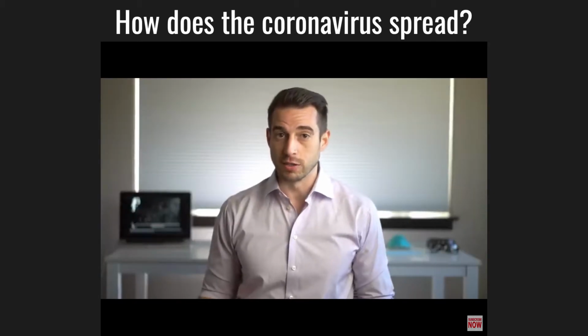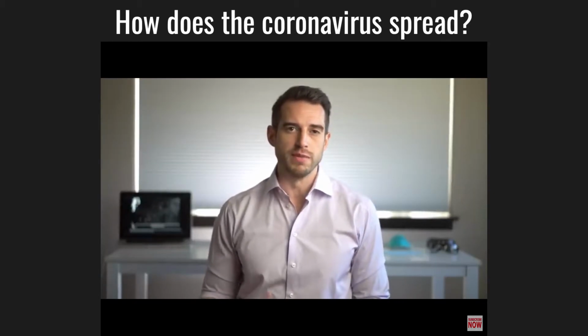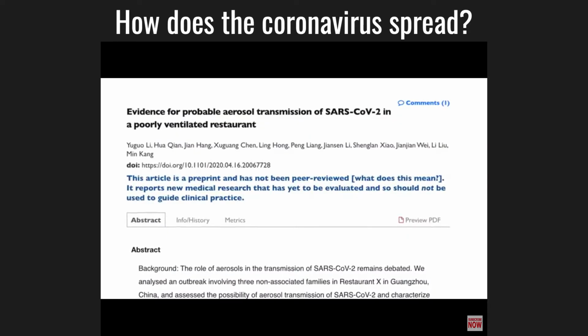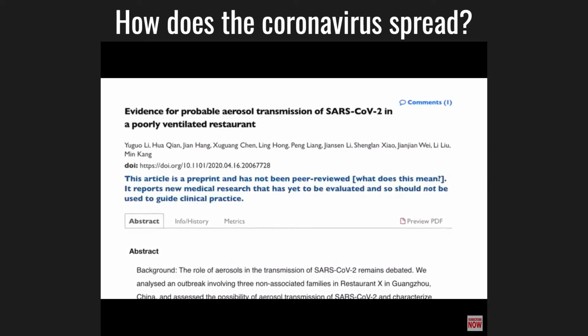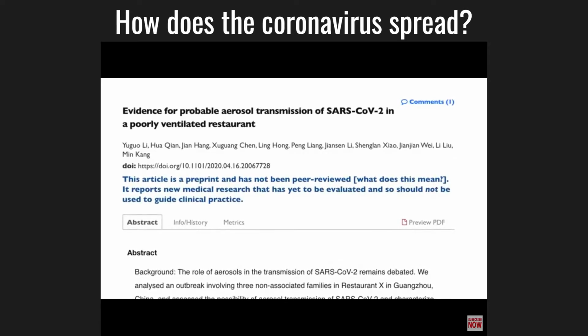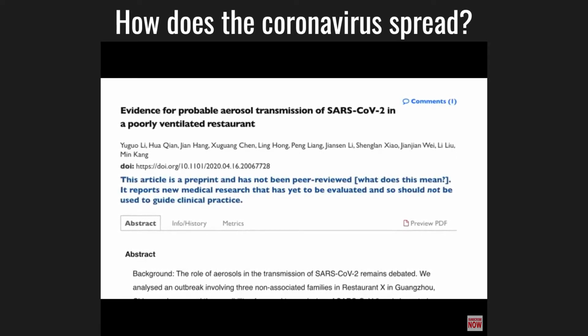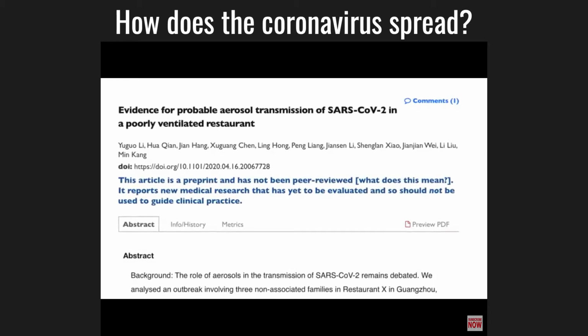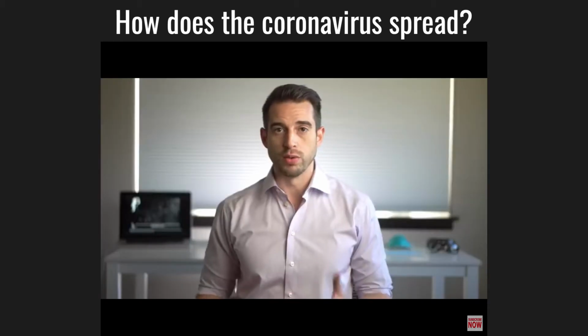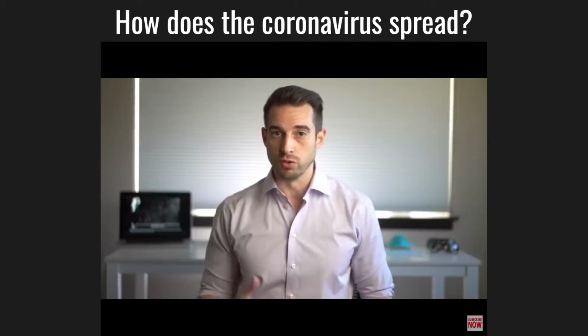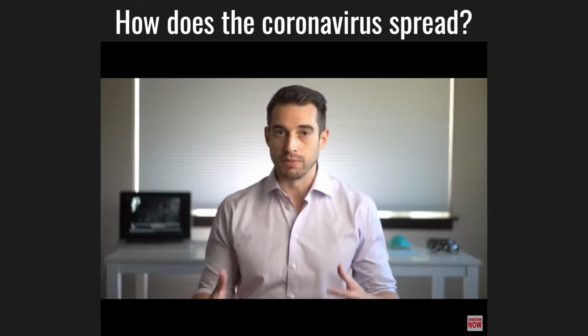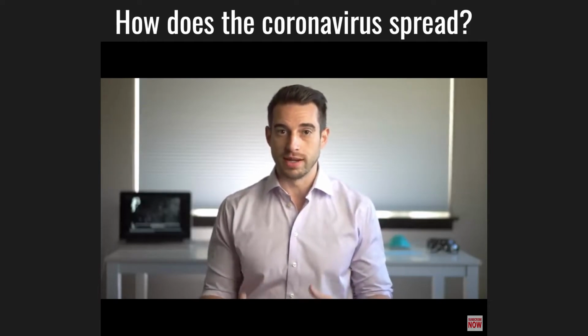But what we can do is look back at real life situations that sort of mimic this scenario. Like, for example, what happened in this Chinese restaurant. In this study, they reviewed video footage after they realized that 3 different parties ended up being positive for coronavirus. What they realized was that there was no evidence of direct or indirect contact between the 3 parties who ended up getting the virus.